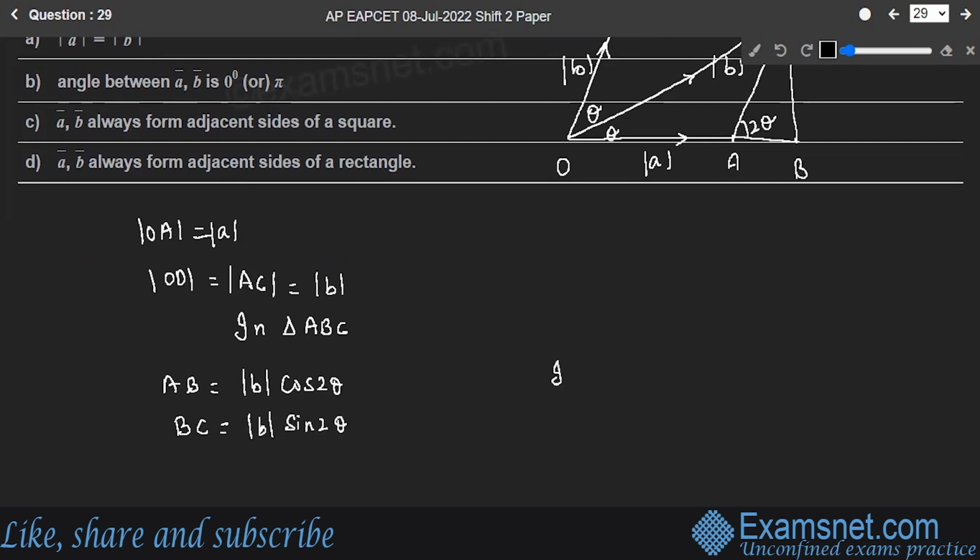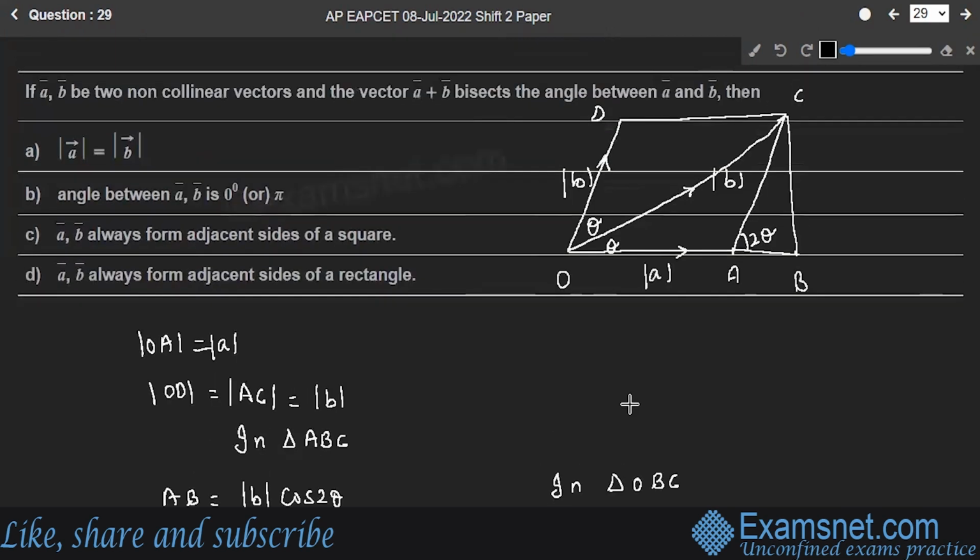Next, in triangle OBC, let's see the triangle OBC, this one.